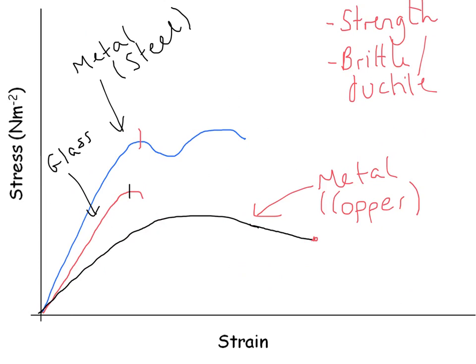If you want something to use for wires, where it's going to be stretched a lot and you don't want it to fracture, you're going to want a ductile material, so something more like this one here. And obviously we don't pick glass for its strength or its ductility, we pick it because it's see-through. So if you have a question that says sketch a graph of a brittle one, you want this really small plastic region up here. Okay.